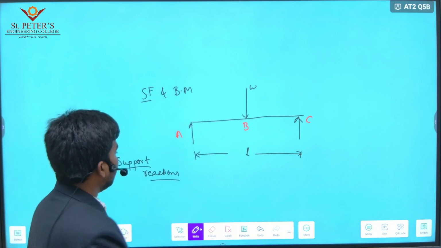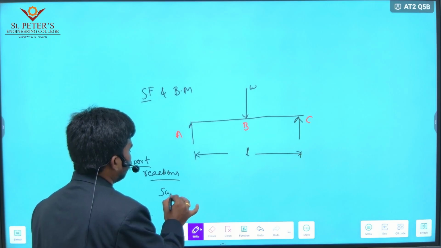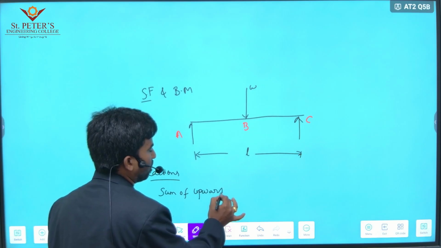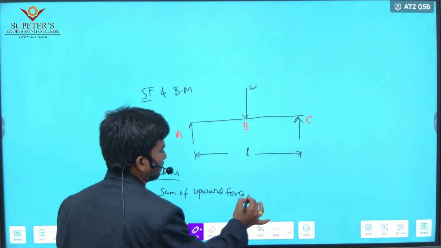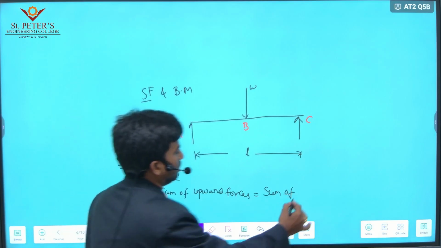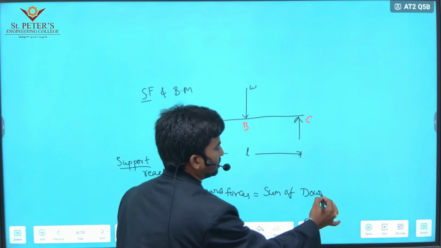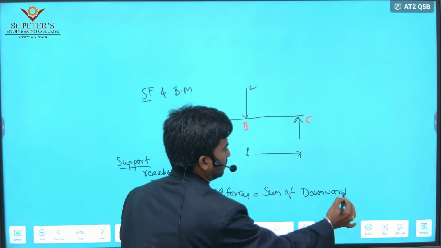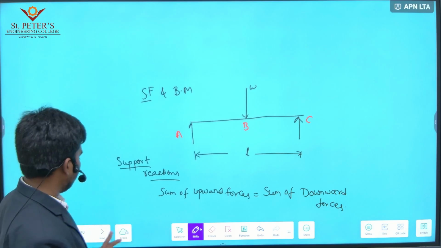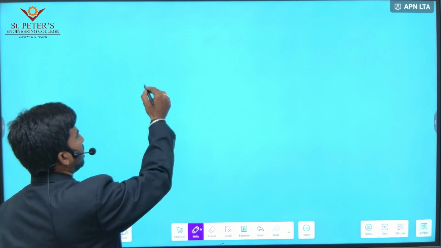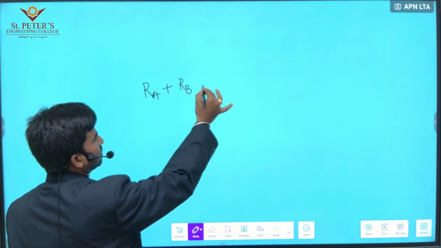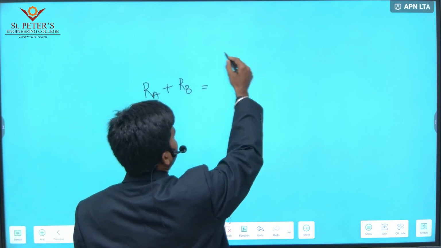Sum of upward forces equal to sum of downward forces. So here upward forces are RA plus RB, that equal to downward forces.